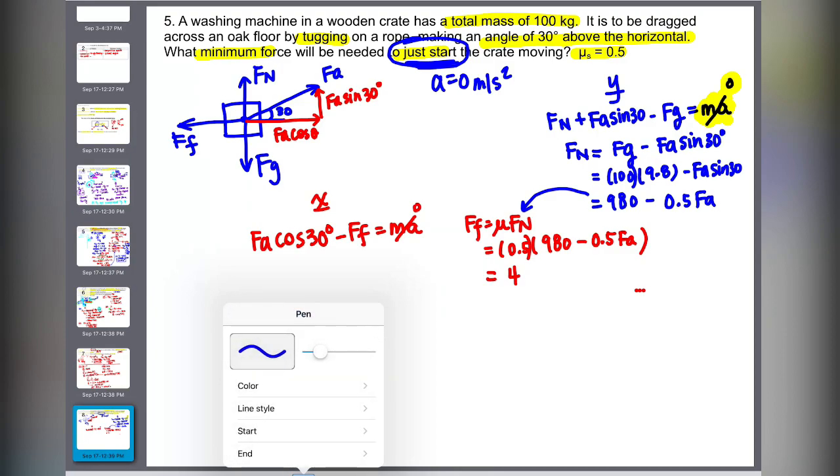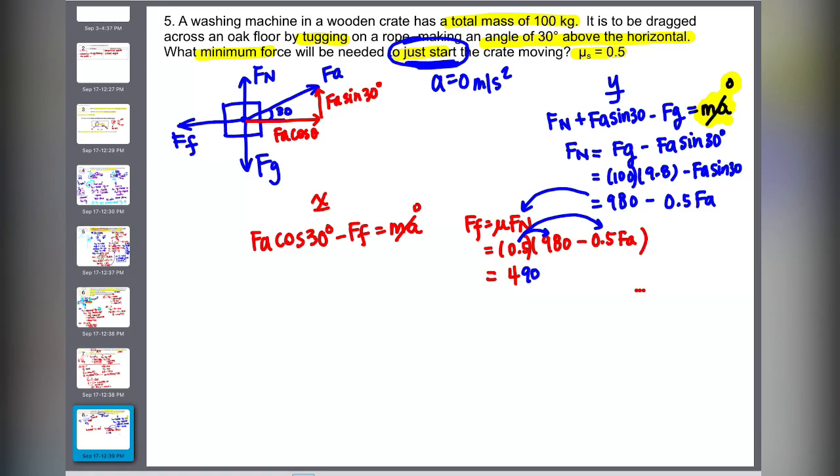Expand it out. So you're going to take your 0.5 multiplied by the 980 minus that, right? So 490 minus 0.5 times 0.5, that gives me my 0.25 FA. Now I know what FF is.